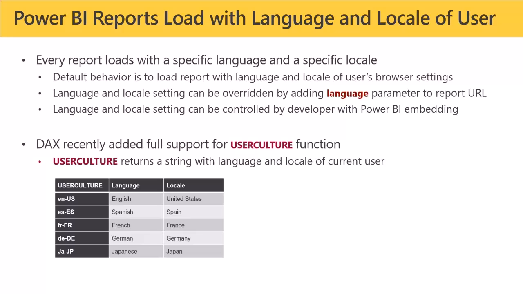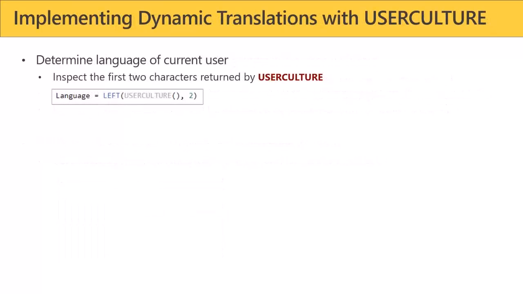Now, I talked about this new function called USERCULTURE. USERCULTURE reads the context for the current user, and it returns a string value like en-us or fr-fr. The first two lowercase letters are the language identifier, and the uppercase letters are the locale identifier. Now, let's say we want to write a method that dynamically does the translation.